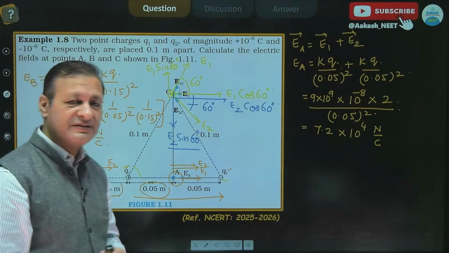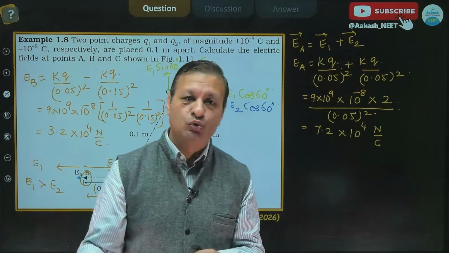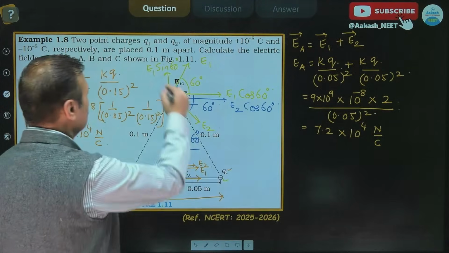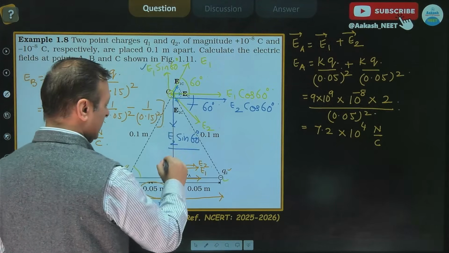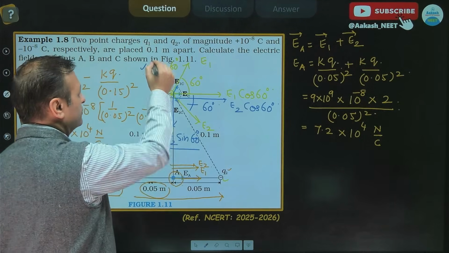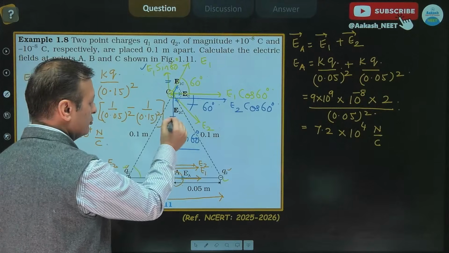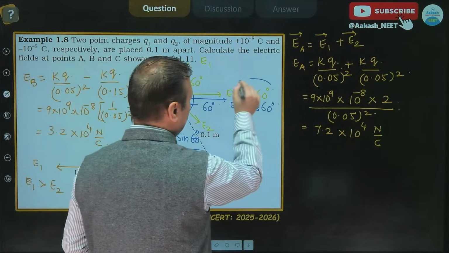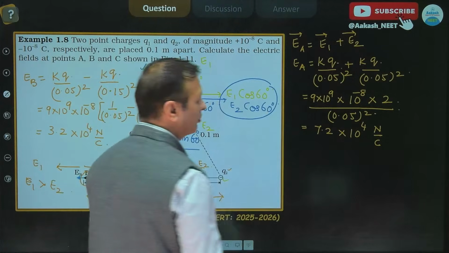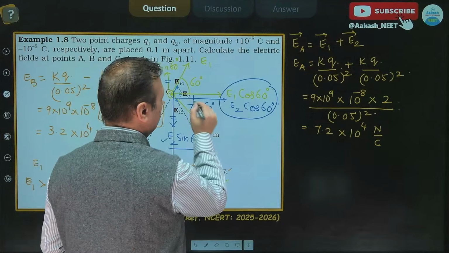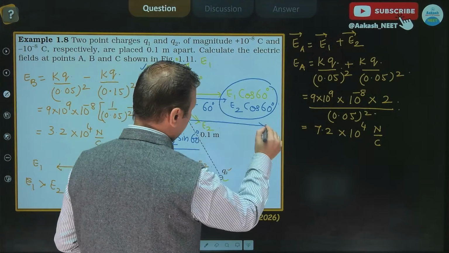We have already stated E1 and E2 are equal in magnitude. So E1 sin and E2 sin will mutually cancel out each other because they are in opposite directions. So the resultant electric field would be because of these two cosine components, and the direction of the resultant electric field at point C would be this one.